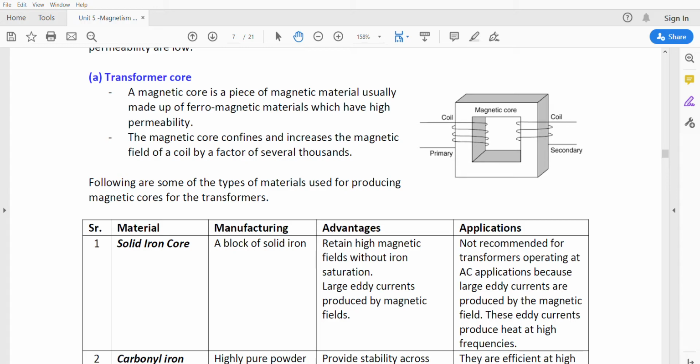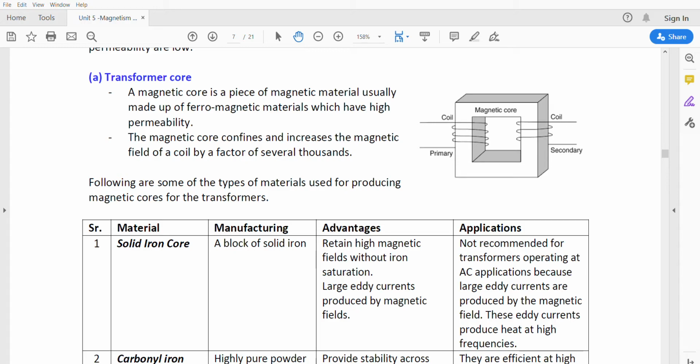Here are some examples of the materials which are used as transformer cores. These are all magnetic material examples. The first one is the solid iron core. This is a block of pure iron, having the advantage that it can retain a high magnetic field, with features like hard magnetic materials, without iron saturation.